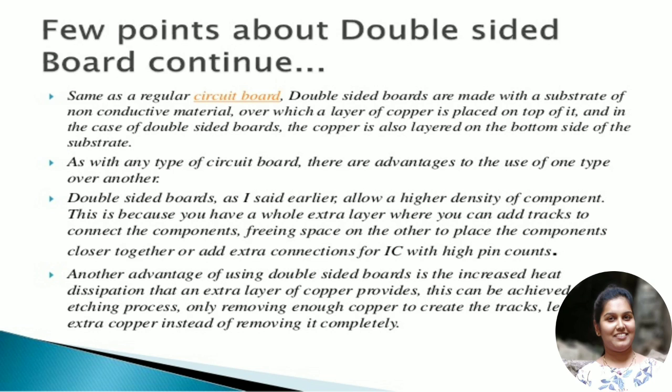Another advantage of double-sided PCB is the increased heat dissipation that an extra layer of copper provides. This can be achieved by the etching process, only removing enough copper to create the track, and leaving the extra copper instead of removing it completely. So another major advantage is that heat dissipation will be increased.